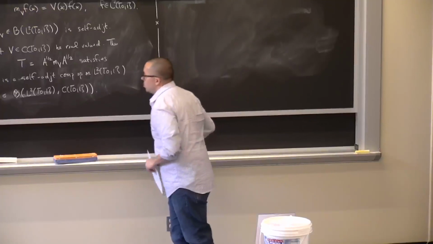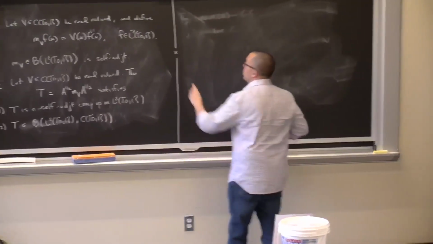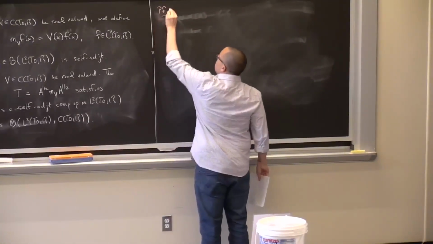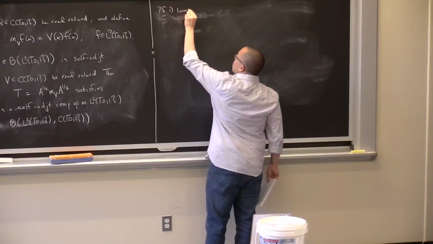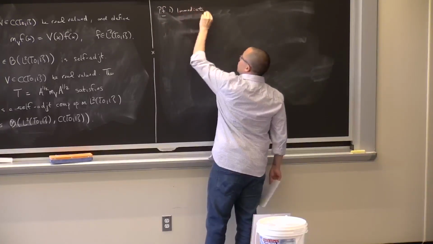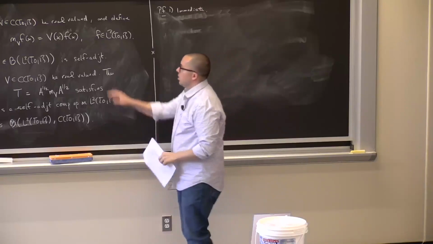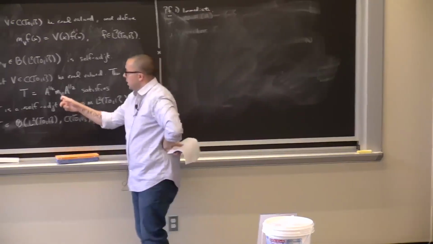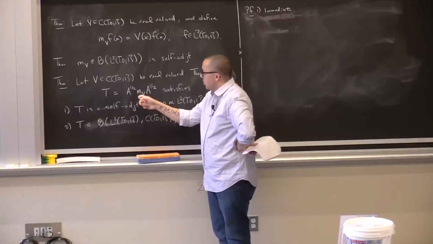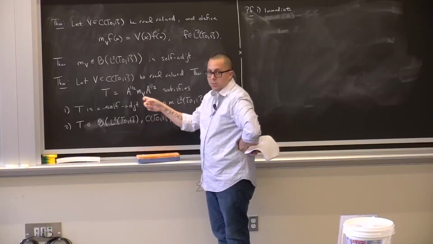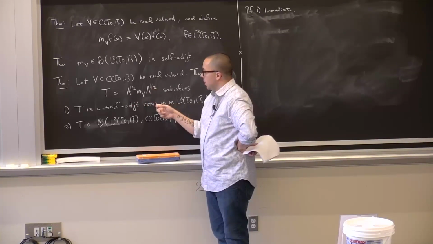So one follows immediately from what we've proven already. In this exercise of the theorem that I gave, right? Multiplication by b is a self-adjoint operator. A to the 1/2 is a self-adjoint operator.